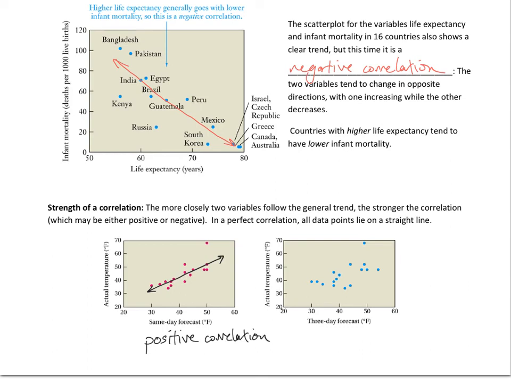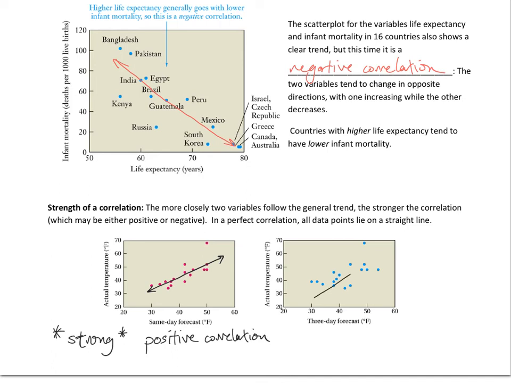But we would call this a strong positive correlation. And that's because most of the dots here are very close to this line, right? We have one exception over here, but most of these dots are very, very close to this line that I drew in there.